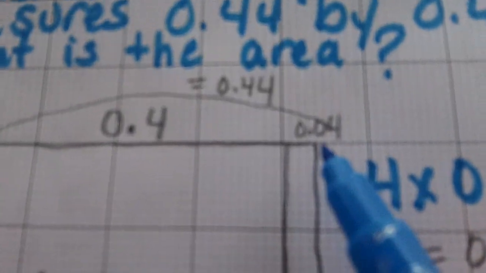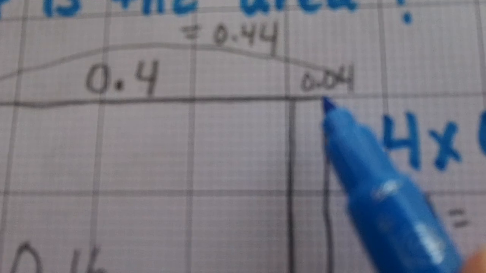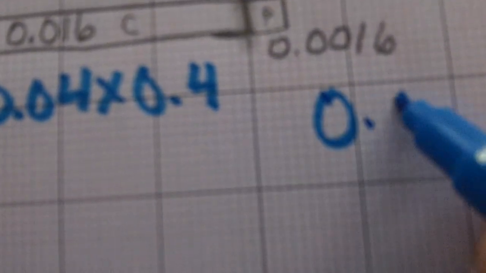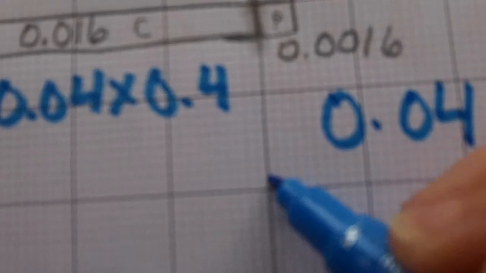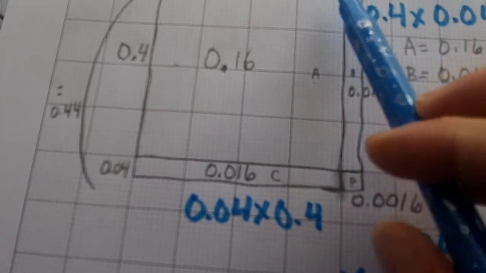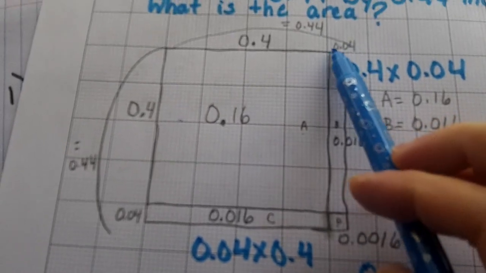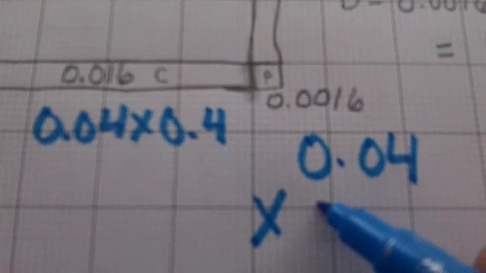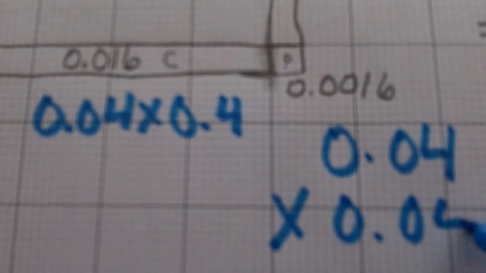Now box D is going to be the smallest of values because box D is telling me that I have to multiply 0.04 times this one over here. So I got my 0.04 up here and my 0.04 over here.